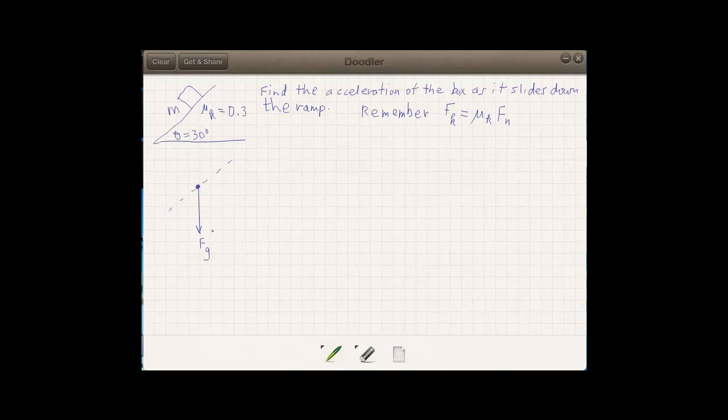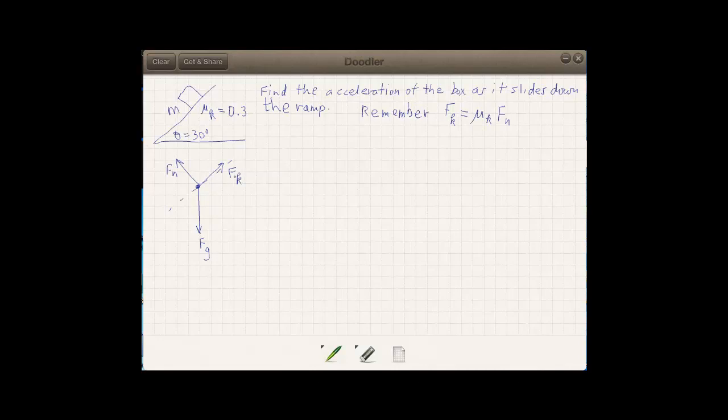We also know that there's a normal force because the box is sitting on the ramp and the ramp is pushing on it normal, or perpendicular, to the surface, and that's F sub n. There's one more force because as the box slides down the ramp, it's opposed by the force of friction, the kinetic friction force that points up along the ramp.